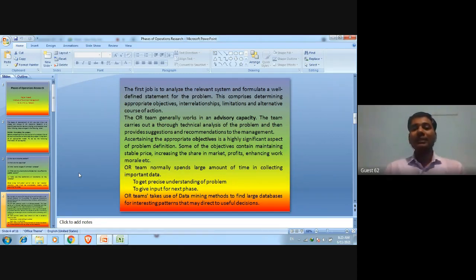This comprises determining appropriate objectives, interrelationships, limitations, and alternative courses of action.